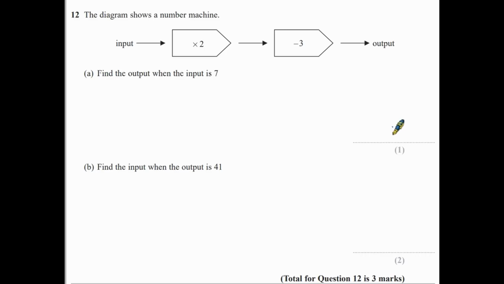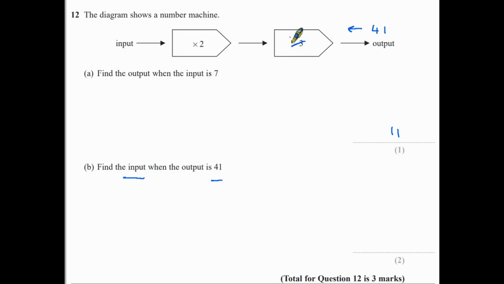Let me remove those numbers. Let's look at part 2. We are now being told to find the input when the output is 41. In other words, we're given the answer and we have to go in the opposite direction. And the simple rule is when we go in the opposite direction, we do the opposite function in each box.